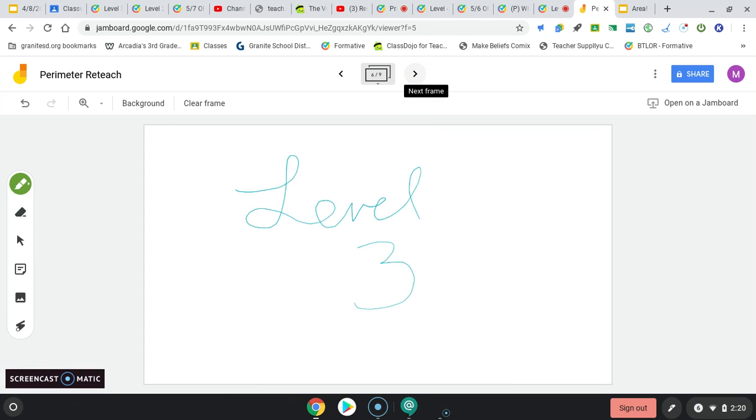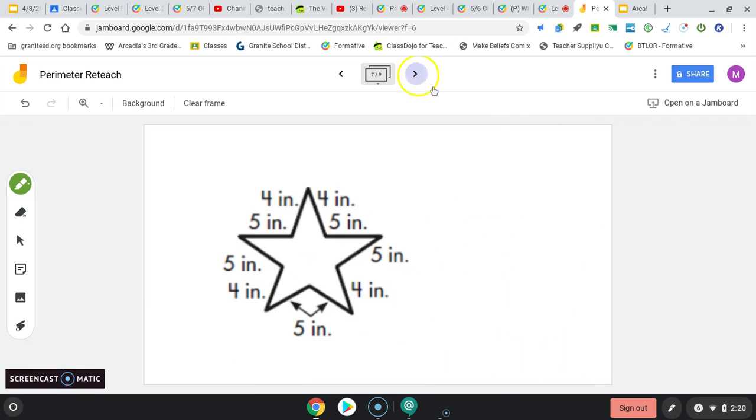Okay, level 3, I thought we could just look at some of the trickier, harder ones. Okay, so this one you're going to have to add a ton of numbers together, right? So this for sure you're going to need scratch paper and a pencil. Okay, so you have 1, 2, 3, 4, 5, 6, 7, 8, 9, 10 numbers to add.